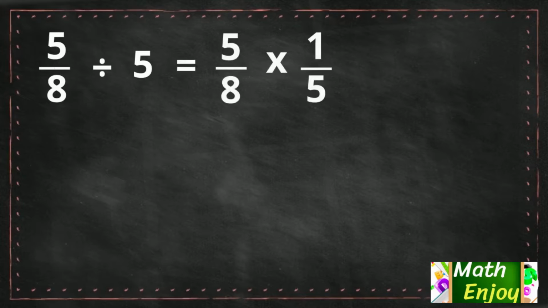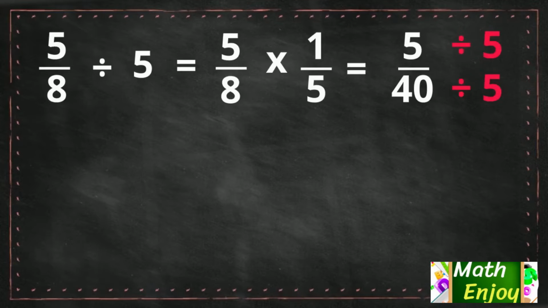We multiply the numerators together and denominators together. 5 times 1 is 5. 8 times 5 is 40. 5 over 40. You can see here we can divide both 5 and 40 by 5. To get the lowest form, I will divide both numerator and denominator by 5. 5 divided by 5 is 1. 40 divided by 5 is 8. The answer is 1 over 8.